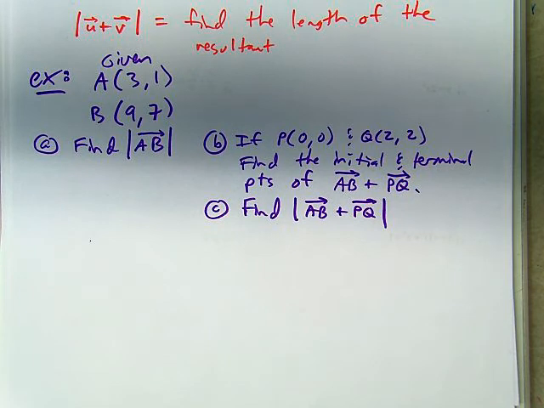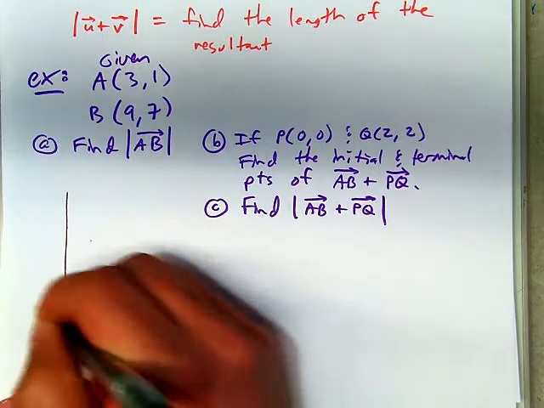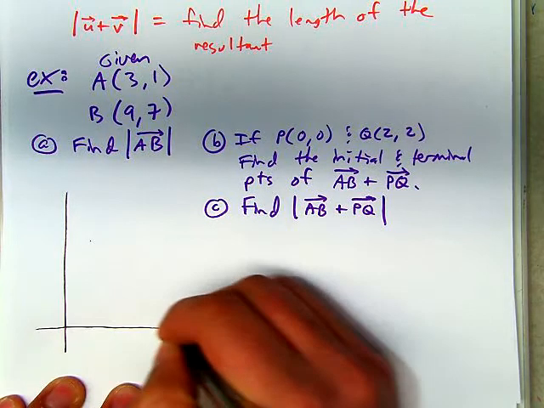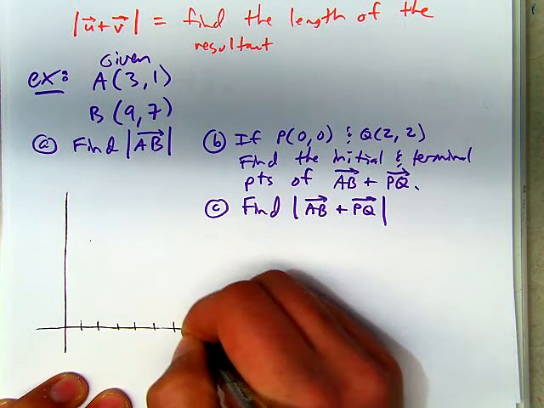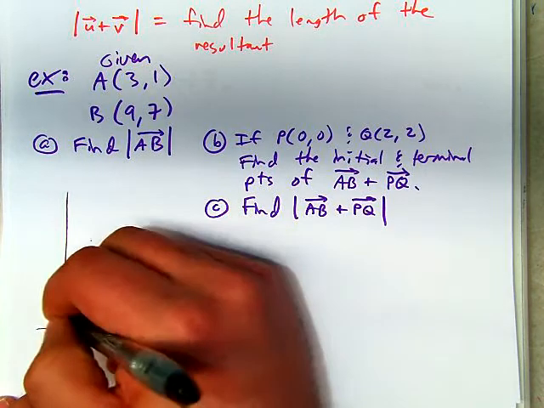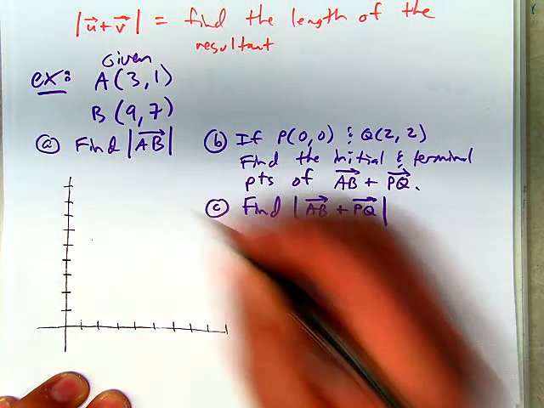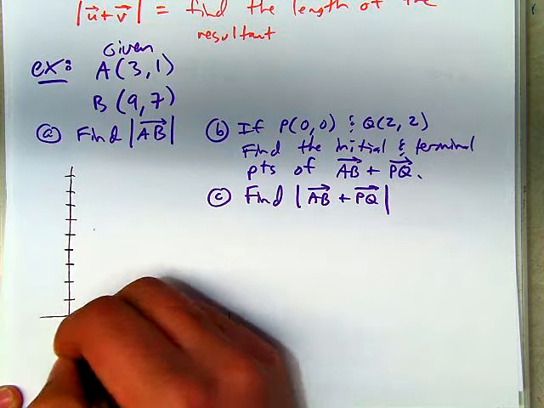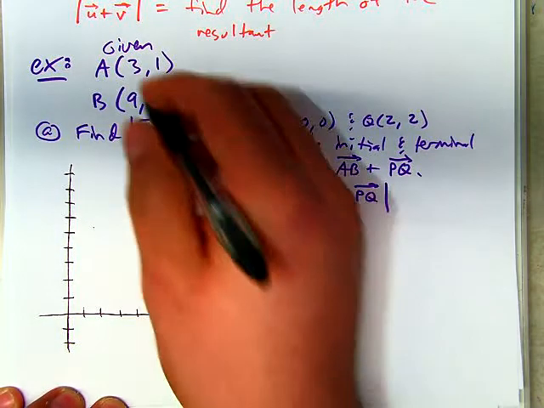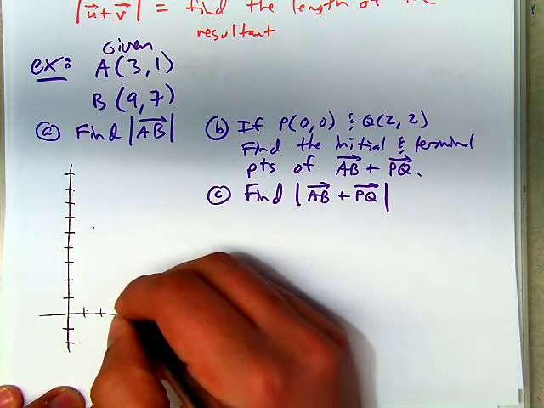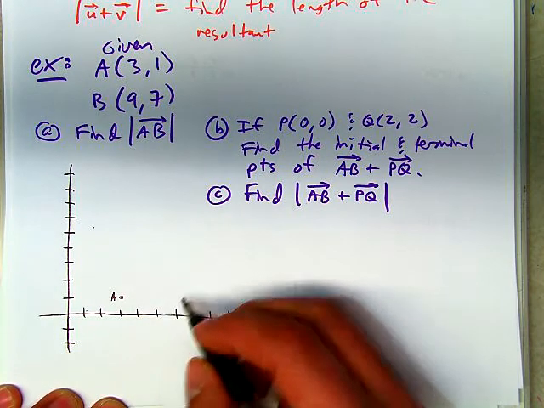So let's draw a picture first. 1, 2, 3, 4, 5, 6, 7, 8, 9. 1, 2, 3, 4, 5, 6, 7, 8, 9. That should be enough. Okay? So let's just plot these points. A is at (3, 1). So here's A. B is at (9, 7).